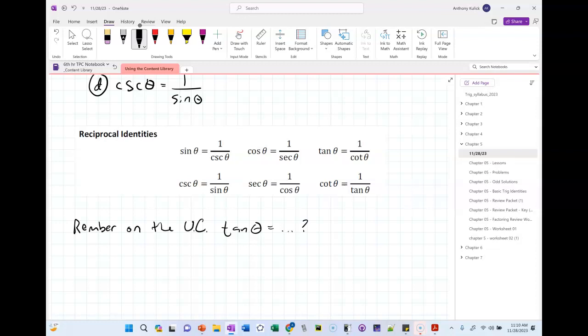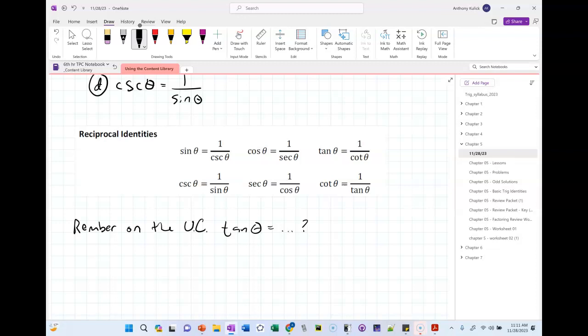So remember, when we're using the unit circle, how do we find tan of theta? If I say, give me tan of 45 using the unit circle, what do you do? You should be able to answer this.